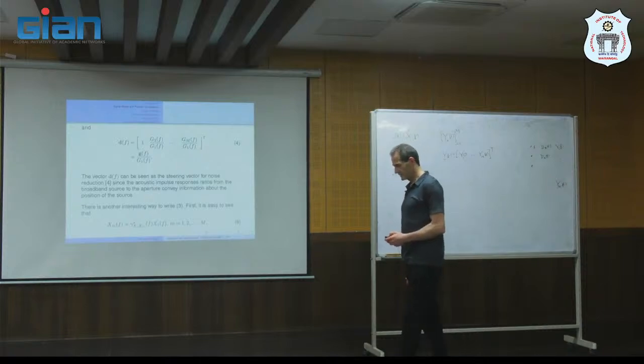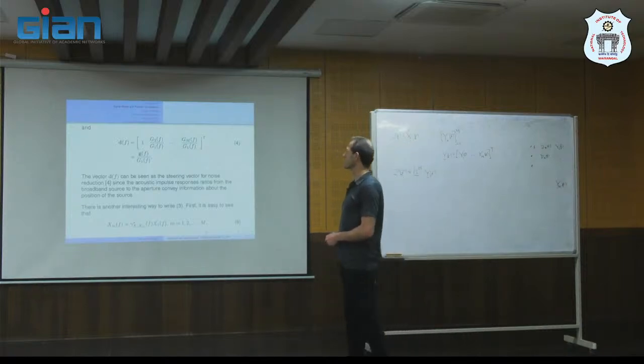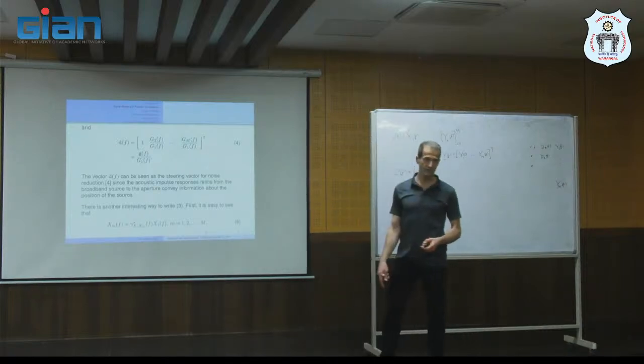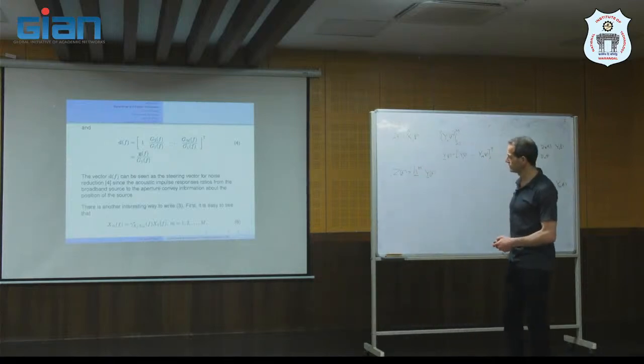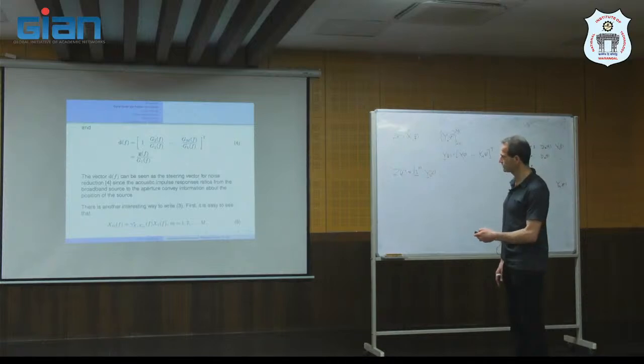So it's very useful to work with relative transfer functions. For relative transfer functions, we take the vector g, and we divide each element in the vector g with g1. So you see, we have the relative transfer function with regard to the transfer function from the desired source to sensor number 1.